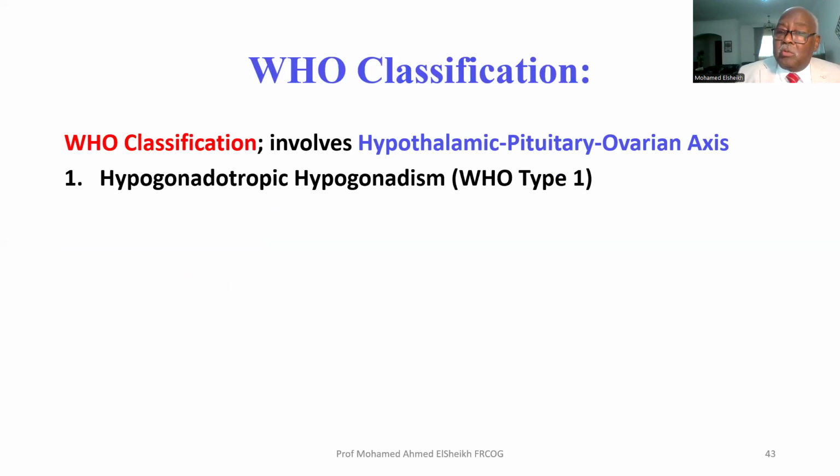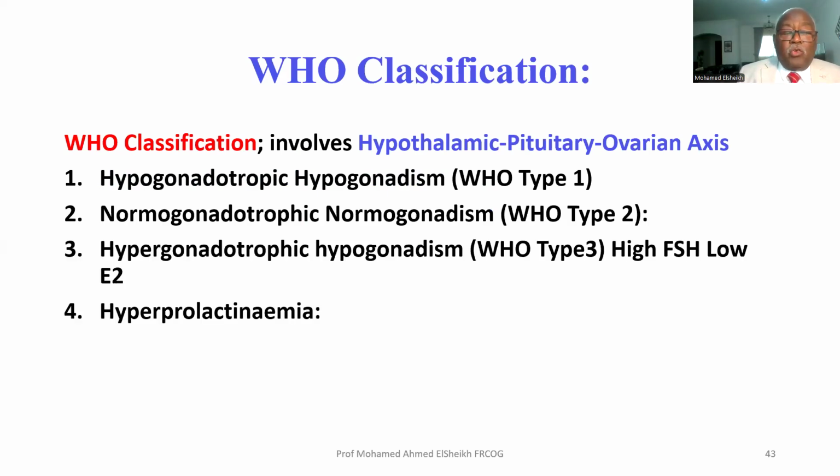The WHO did a quite good classification of the problems that occur with the menstrual cycles leading to anovulation or disturbances. The WHO made the classification to involve the 4 organs I have just mentioned: the hypothalamus, the pituitary, the ovary, and the uterus, which we call the hypothalamic-pituitary-ovarian axis. They classify the abnormalities into 4 types.